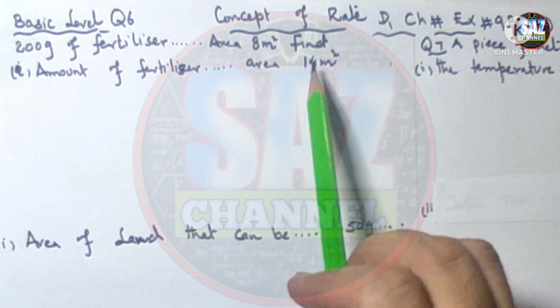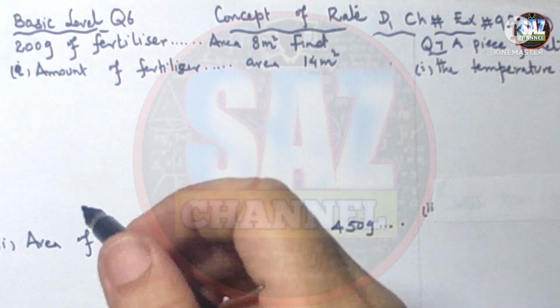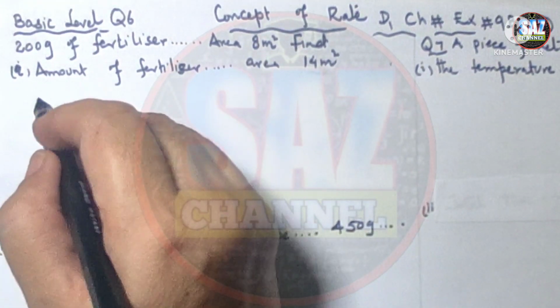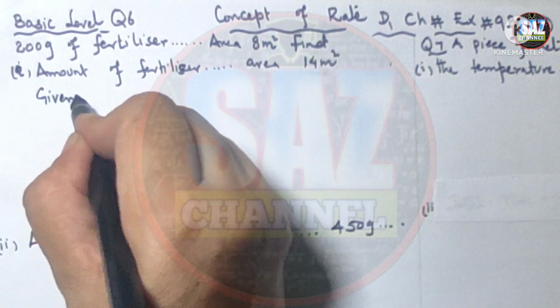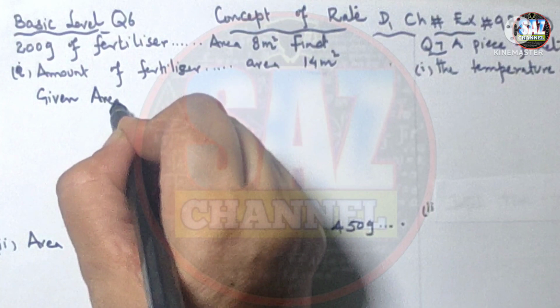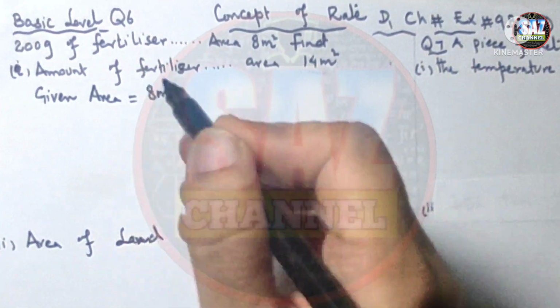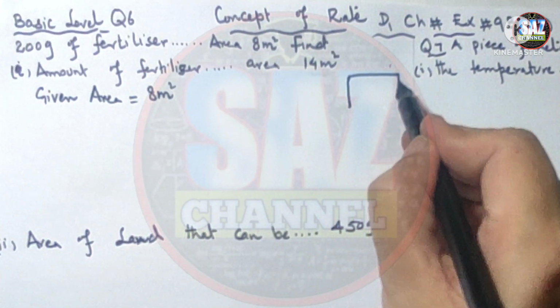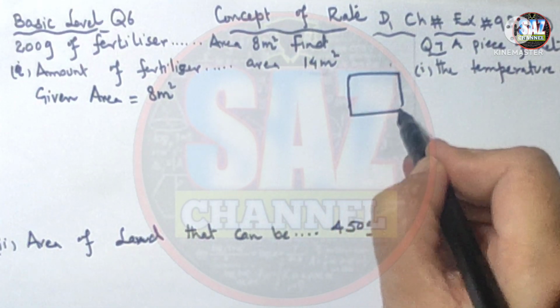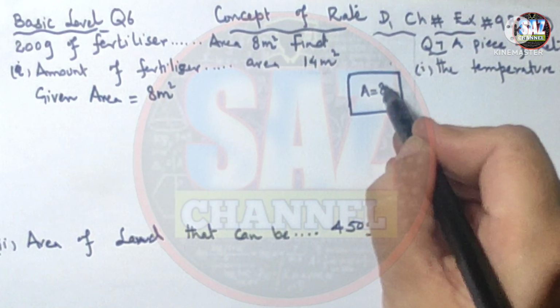So the given area is 8 meters square. Suppose this is a piece of the land. What is the area of this land? 8 meters square.